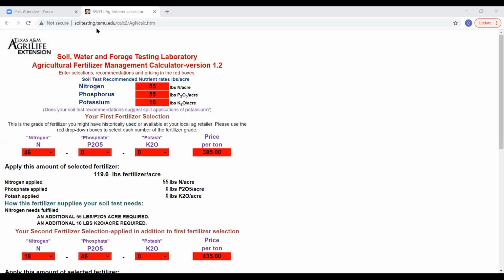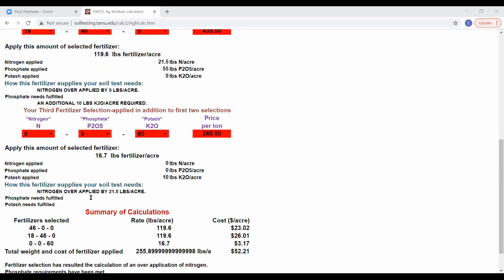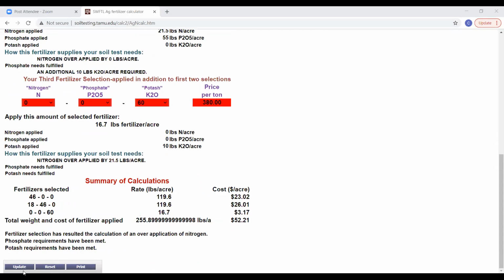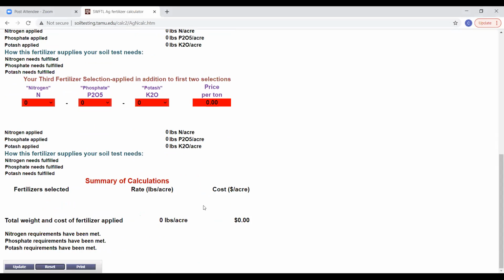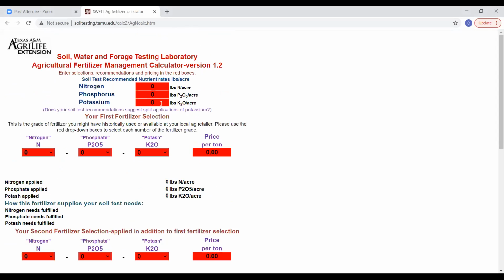As you can see up at the top, there's the link to this website that we showed a little earlier in the presentation. Down at the bottom, you can print these calculations, and you can reset it. I'm going to reset it and walk you through this from the start.